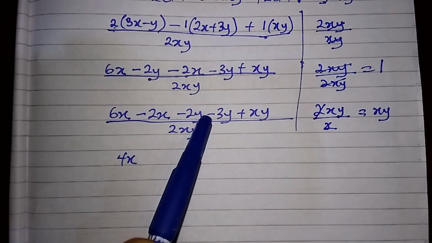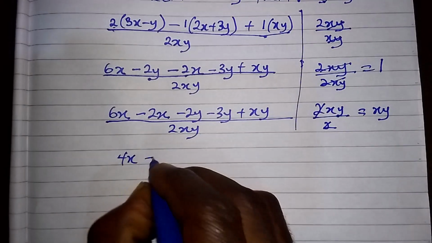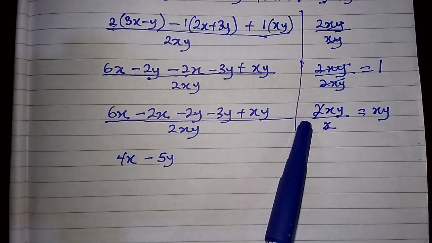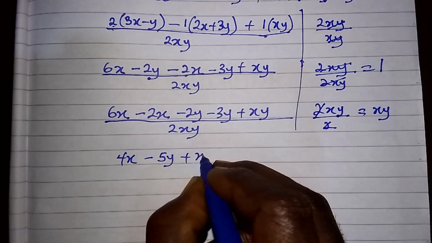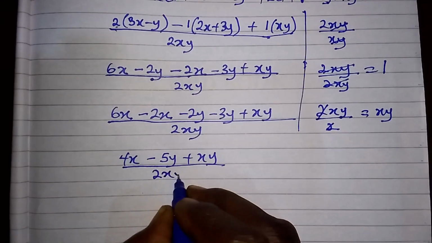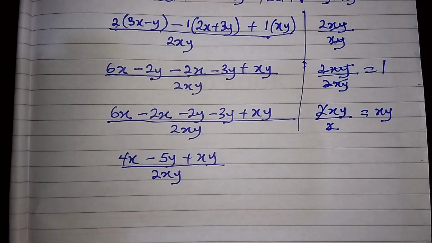Minus 2y minus 3y gives us minus 5y. Then xy has no other like term, so plus xy, all over 2xy. This is all that is required of us.